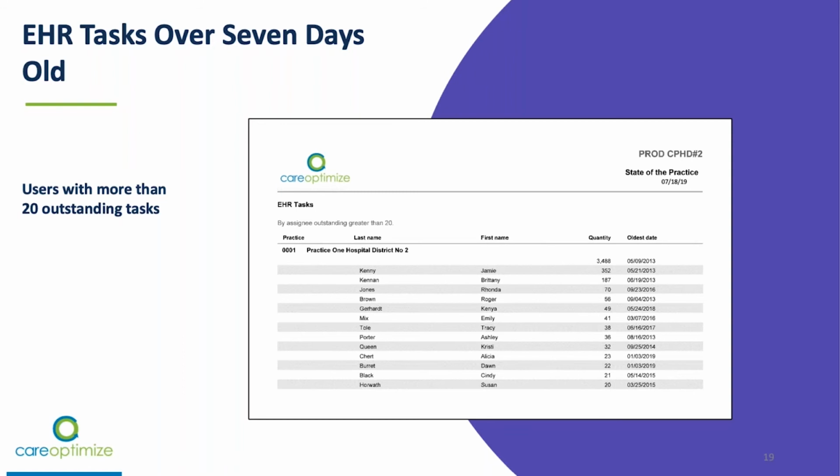Maybe it's a provider that needs to approve something, or maybe it's a nurse that hasn't finished a document. We just want to make sure users with more than 20 outstanding tasks are taken into consideration, and these tasks are being addressed, closed, or some sort of action is being taken on them.